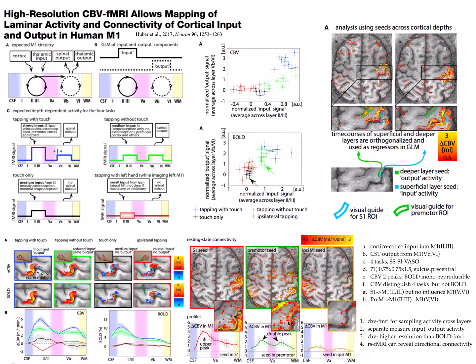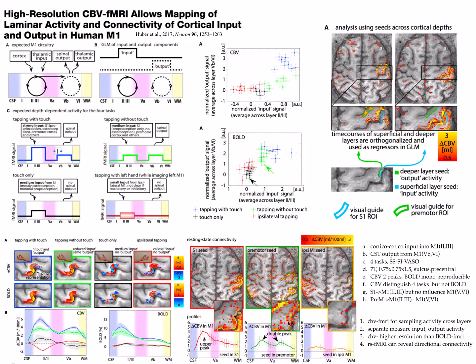After some computation, it can send output to control the muscle, like to pinch or to kick a stone. The signal comes out from layer 5 and layer 6 of M1 and goes through the CST, the corticospinal tract, to the alpha motor neuron in the spinal cord.